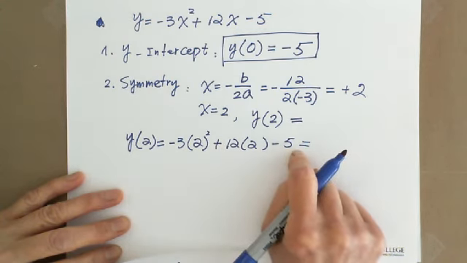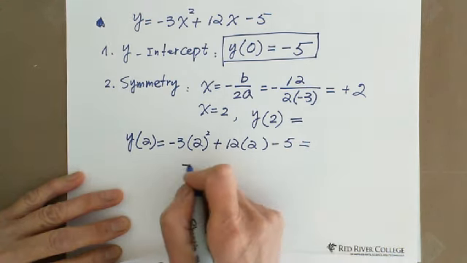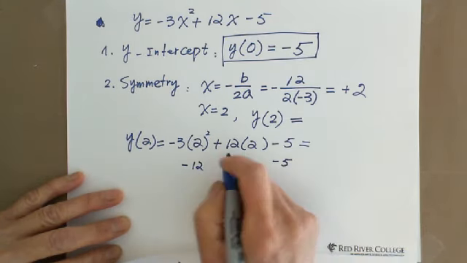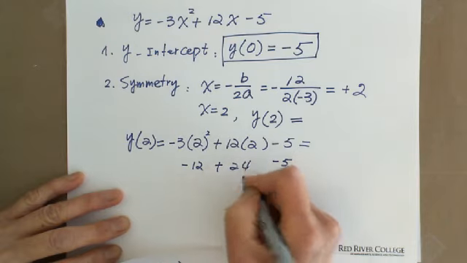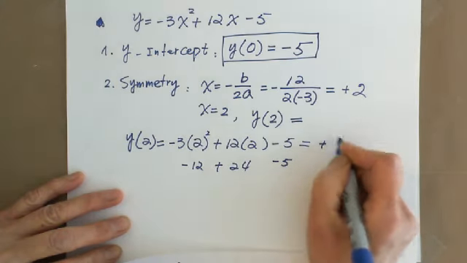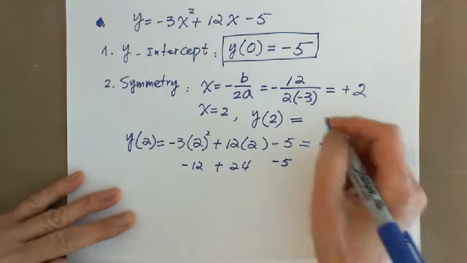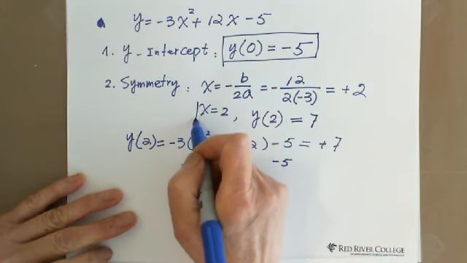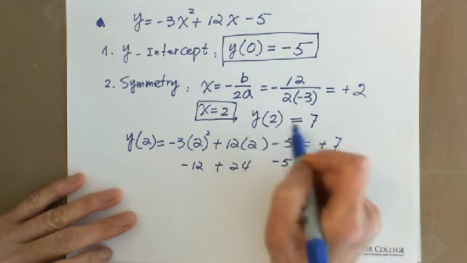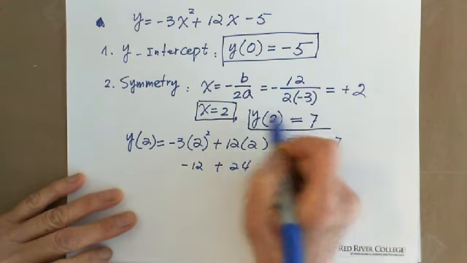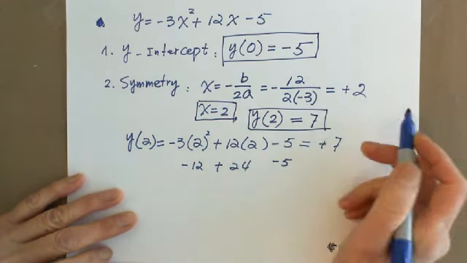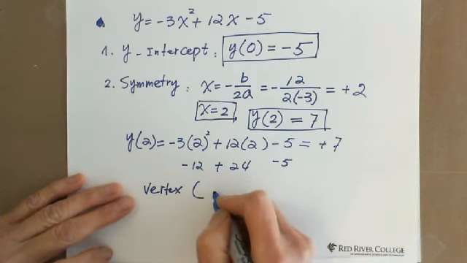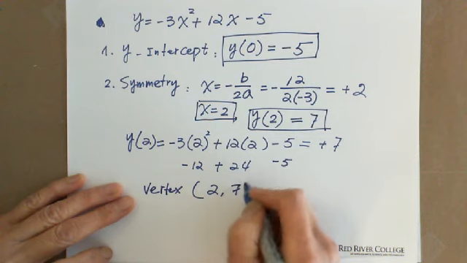Together with negative 5, that is negative 17. Plus 24 gives us positive 7. So we have x equals 2, y equals 7, which is the vertex. That's why the vertex is (2, 7).